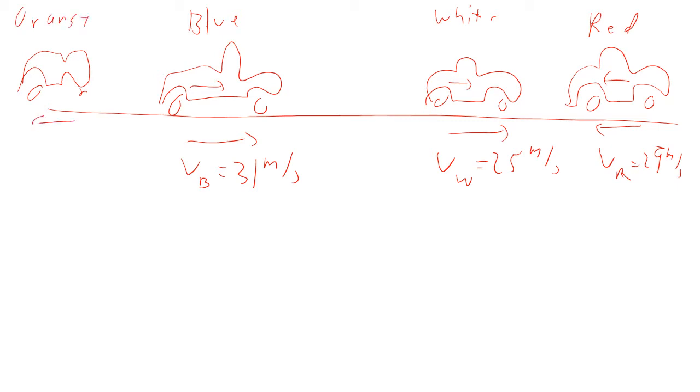The orange car is on the other side of the road heading in the other direction, and let's say the velocity of the orange car is 30 meters per second. There's a pedestrian standing here, and there's an armadillo laying in the road right there.